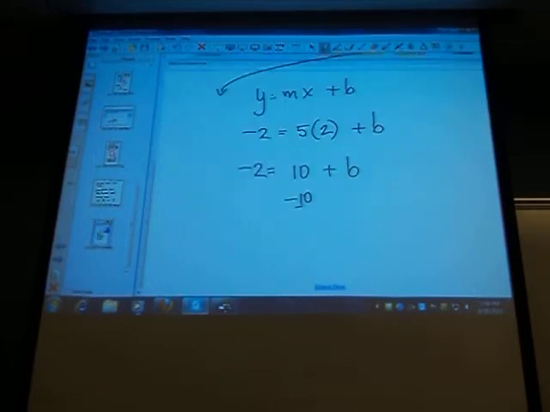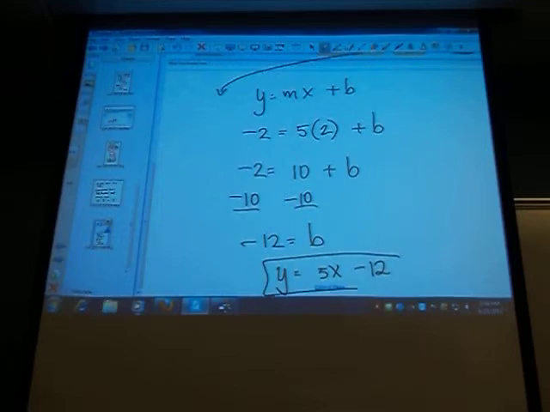B would be -12. So my final equation for my parallel line would be y equals 5x minus 12. That's because it asks for an equation, not simply the slope or the intercept. On this homework, they're always asking for an equation.